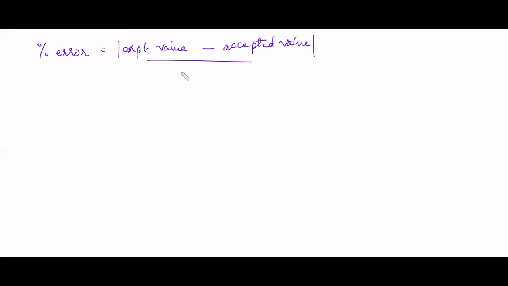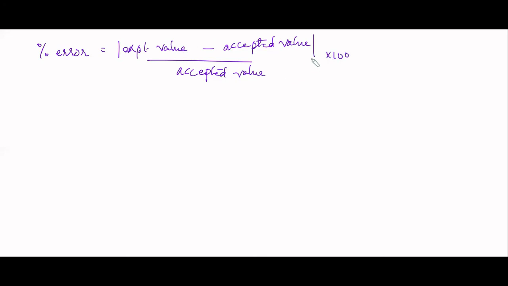We know that percentage error is equal to experimental value minus accepted value over accepted value, times 100.